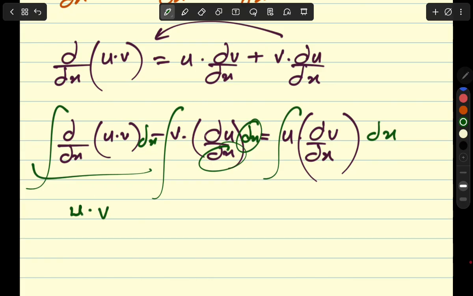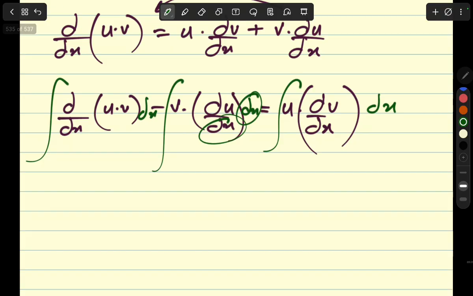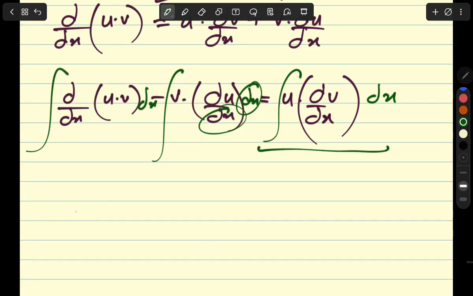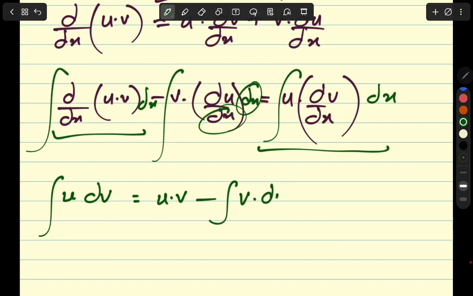Okay, so this is pretty straightforward. Let me just clean it up. So this term is going to become u dv, and you put an integral sign here, and this term becomes uv, and this term becomes integral of v du, right? So uv minus integral of v du is equal to integral of u dv.